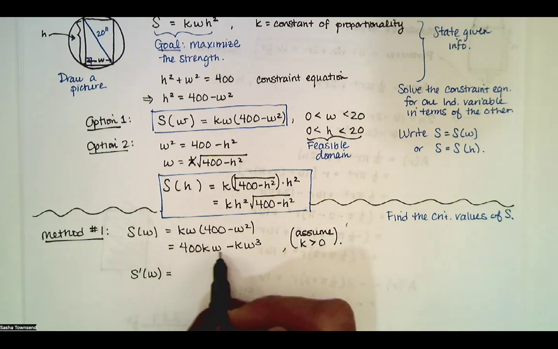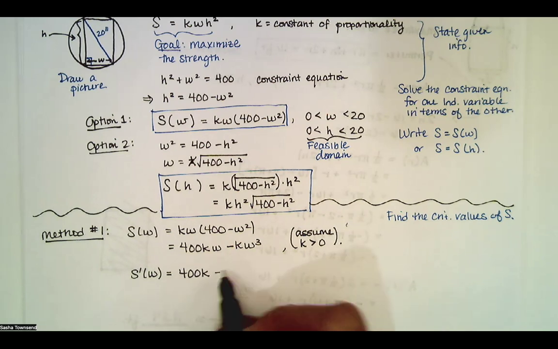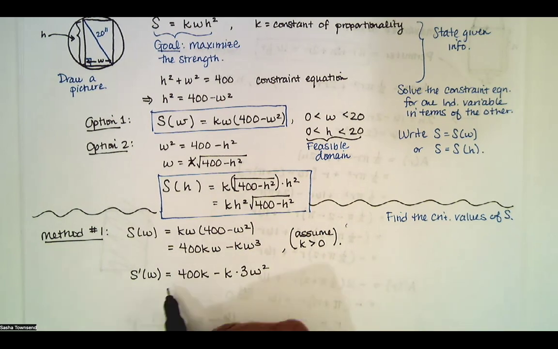The derivative of a constant times W is just the constant. Then the derivative of a constant times W cubed is that constant times 3 times W to the 1 less power. And we want that to be equal to 0.